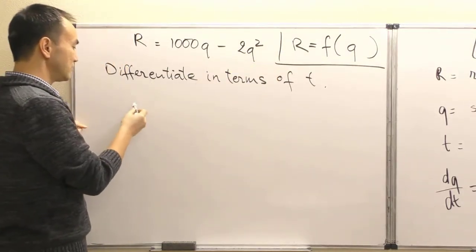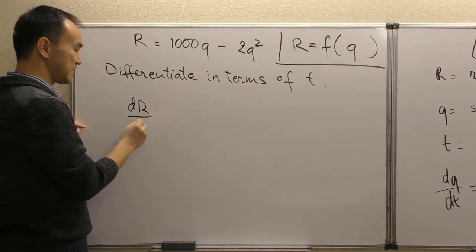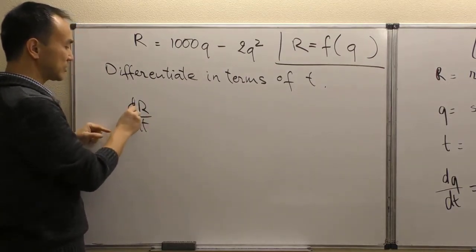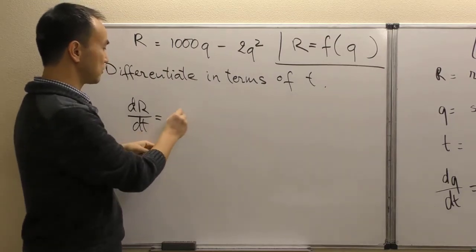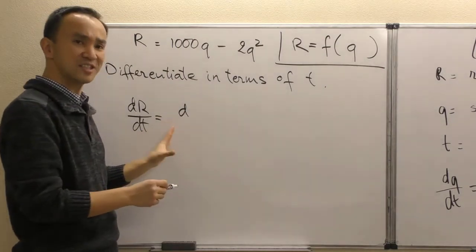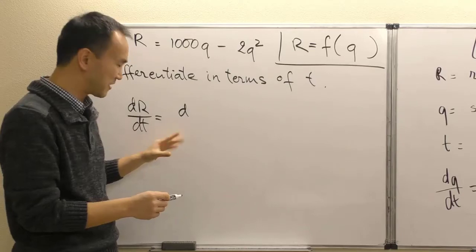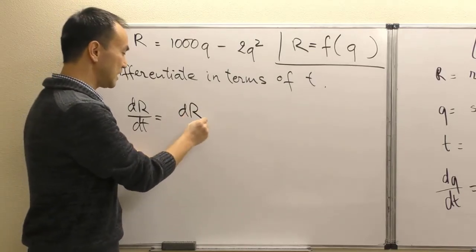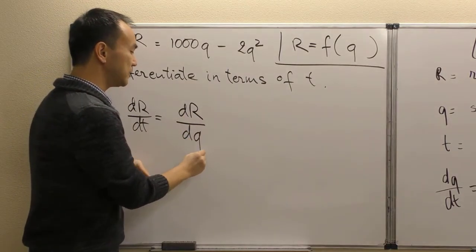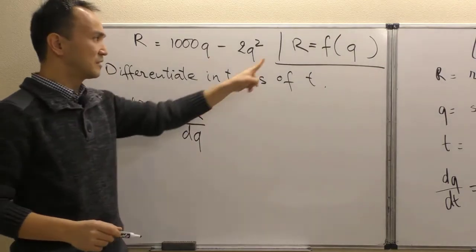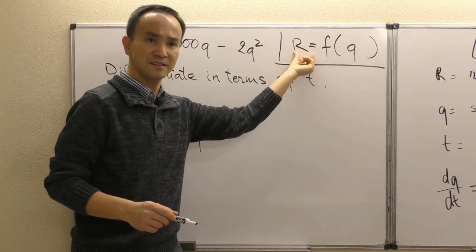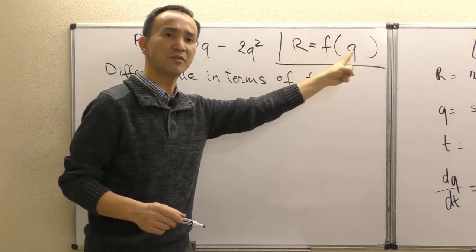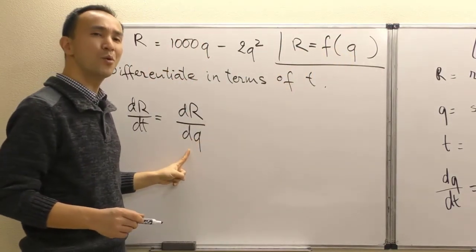So now to find dR/dt, differentiating in respect to t right here, I notice that R is a function of Q. So according to the chain rule, and this is information I explained in that lecture, I can quickly do dR/dQ. This is a rate of change relating R and Q: how quickly R is changing in respect to Q, the quantity.